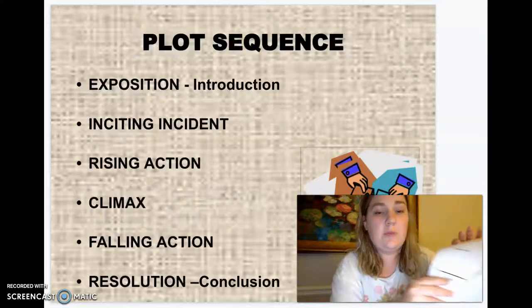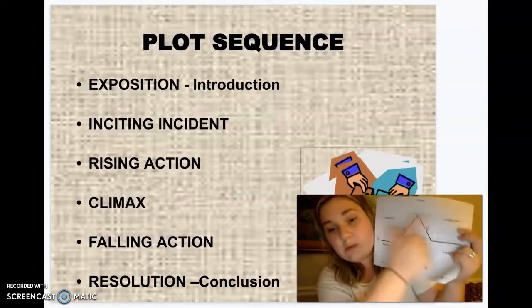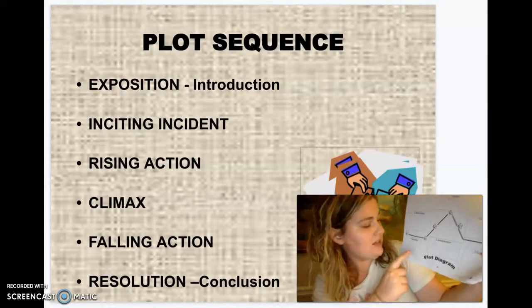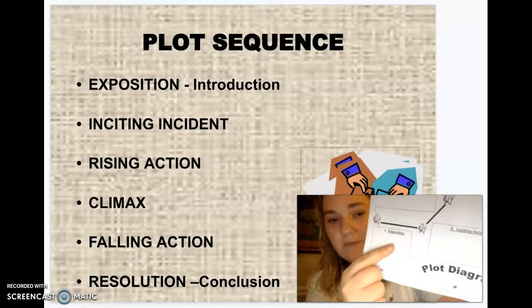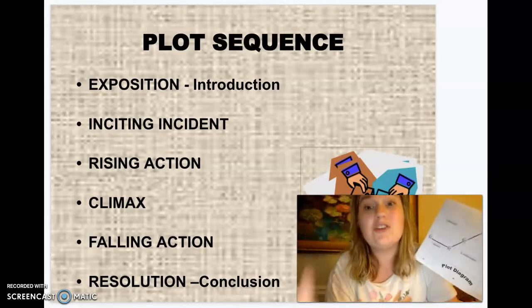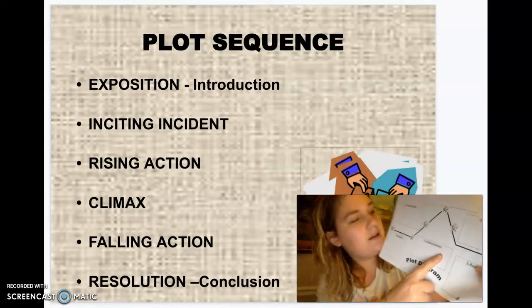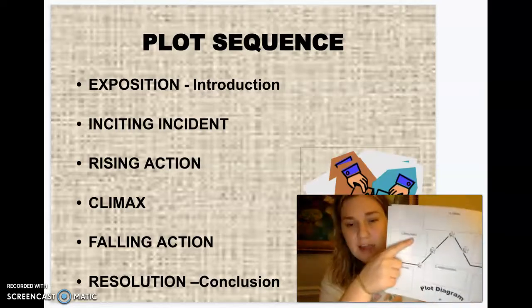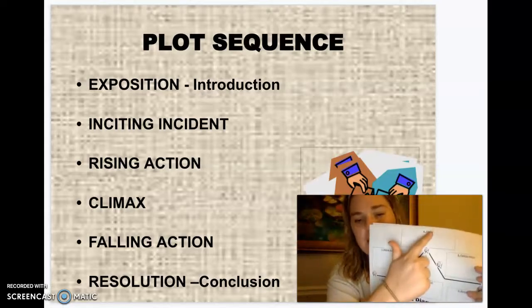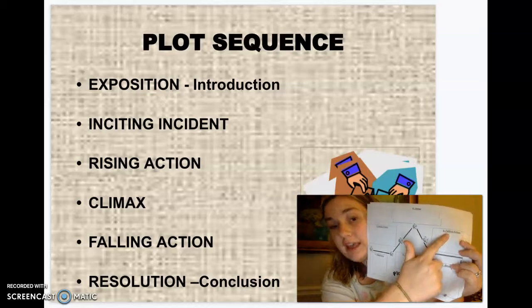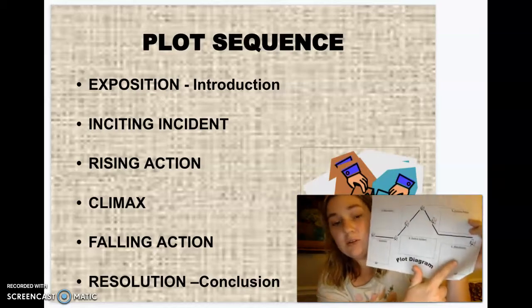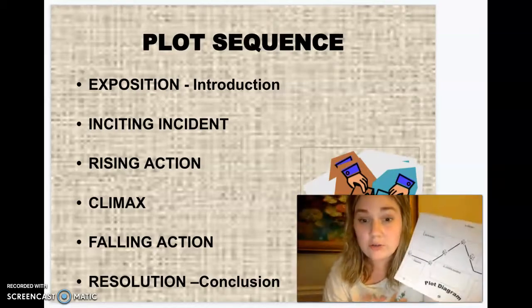You can see on your page the sequence of events here, and it goes like this. Exposition, perhaps you've heard it called the introduction. You have the inciting incident, the rising action, the climax, the falling action, and the resolution, also called conclusion.